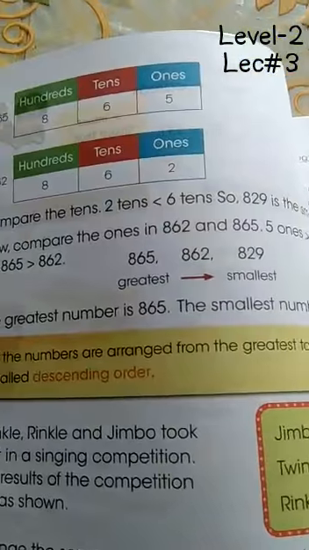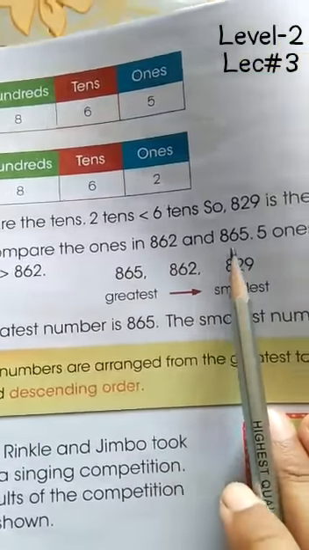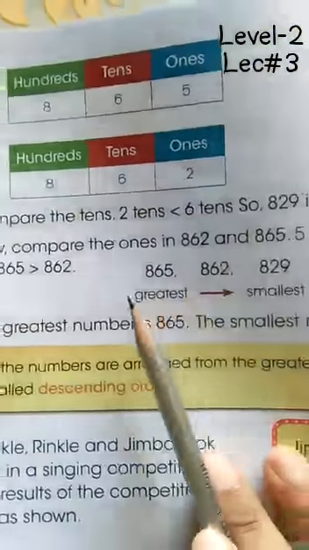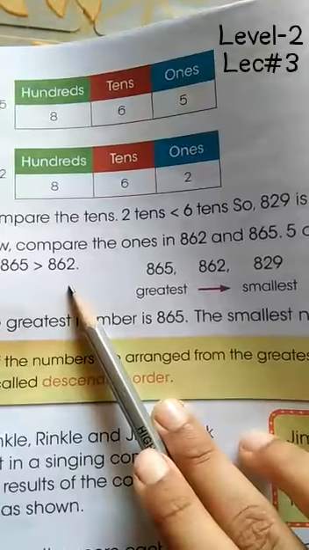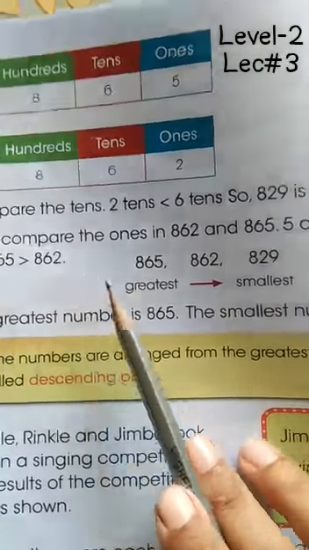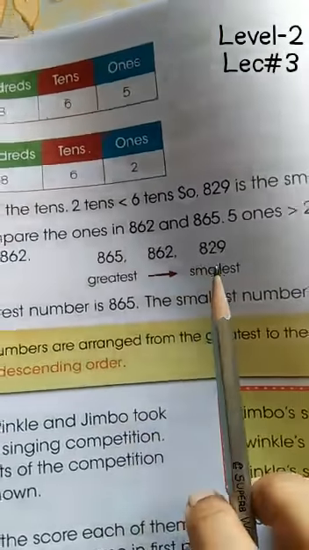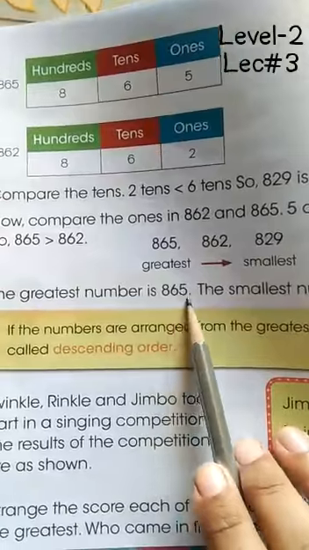So 829 is the smallest. Now compare ones in 862 and 865, as 5 ones is greater than 2 ones. So 865 is greater than 862. So 865 is the greatest and 829 is the smallest. So here is the greatest number.